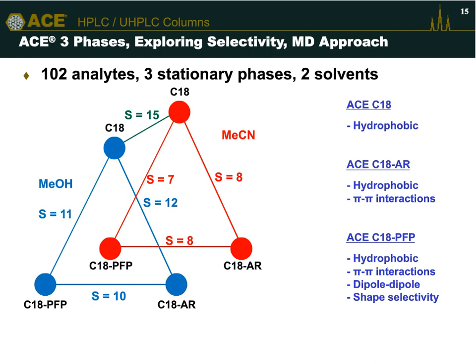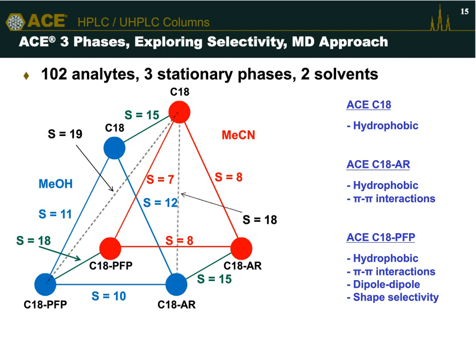And we can calculate the data between the two different solvent planes, and we can see the values 15, 15 and 18. And then, of course, because we're using Excel for this type of data analysis, we can plot the retention times on a C18 in acetonitrile versus a C18 PFP in methanol, and we can see we get a selectivity value of 19, and so on and so forth, calculating these different combinations and permutations of solvent and three different stationary phases.